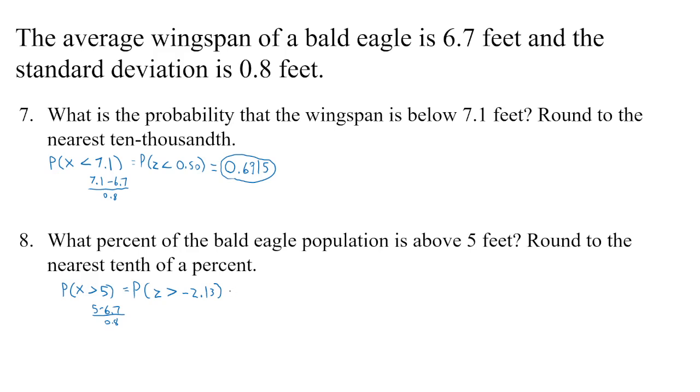Now, since this is greater than, the probability you're going to get on the z-table for negative 2.13, you're going to subtract from 1. So let's look on the z-table for negative 2.13.